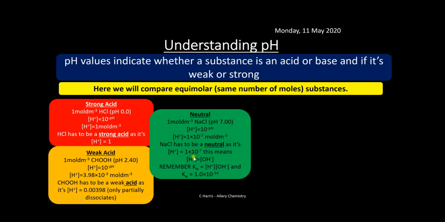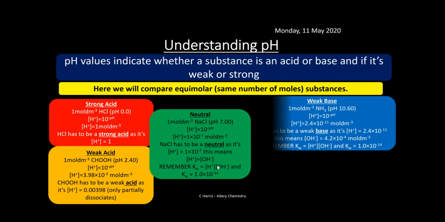What this means is the concentration of H plus equals the concentration of OH minus ions. They're exactly the same. So remember, Kw, this is the ionic product for pure water, is 1 times 10 to the minus 14. So that means that these two figures here must be 1 times 10 to the minus 7. So that means it must be neutral. That's how you can tell if something's neutral.